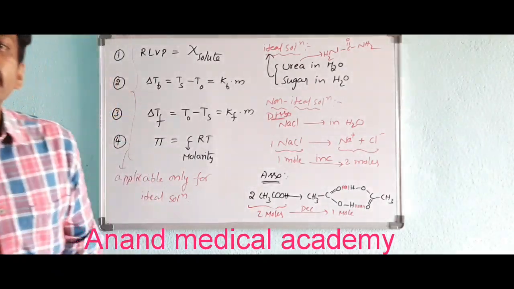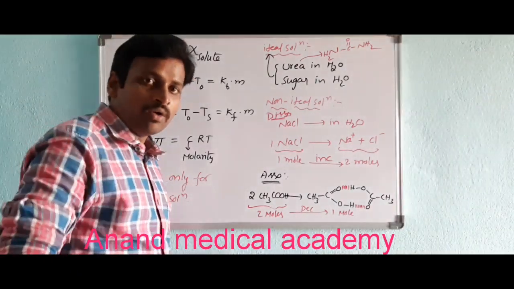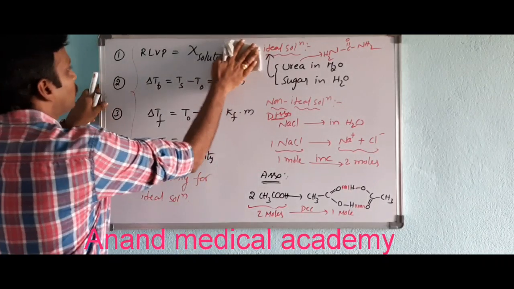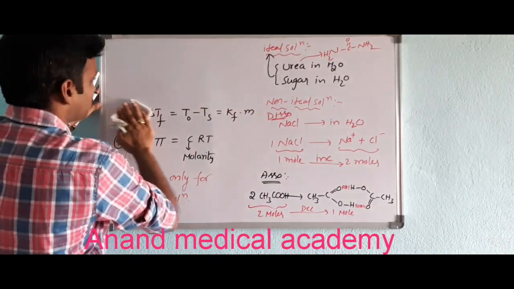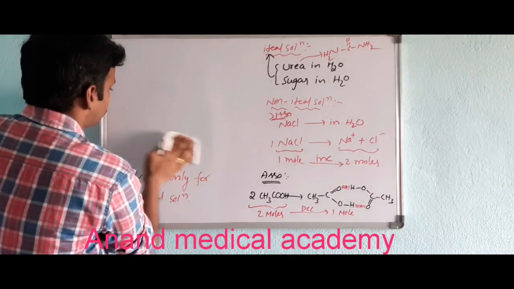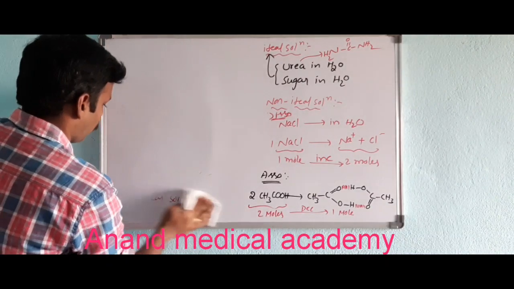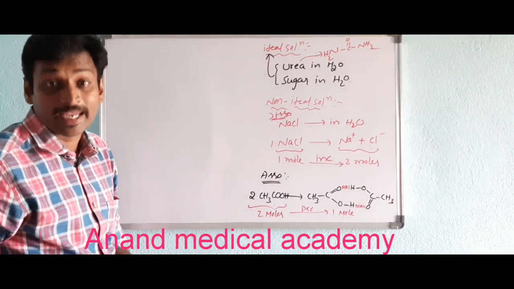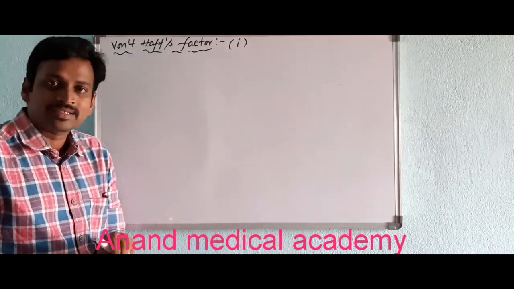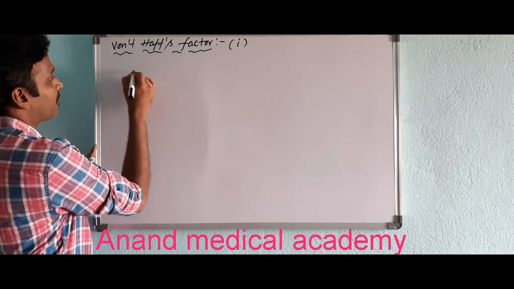So to apply colligative properties for non-ideal solutions, one important factor was introduced. One great person gave one term which we call i, small i. Let's see the van't Hoff factor i.